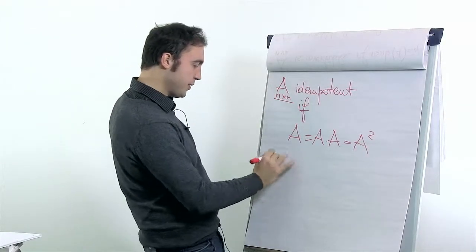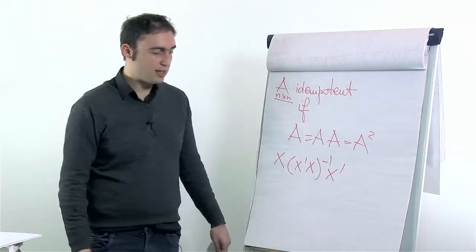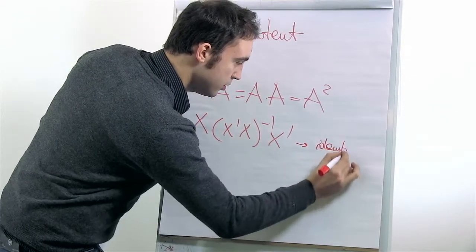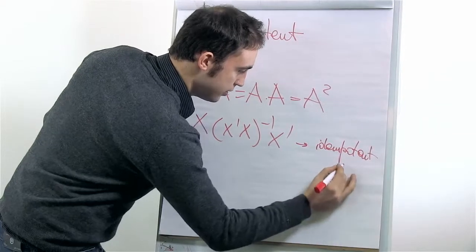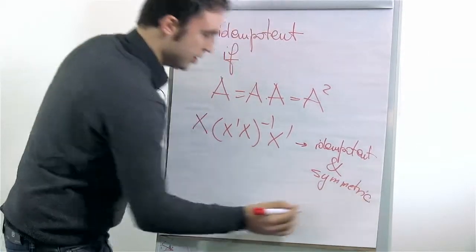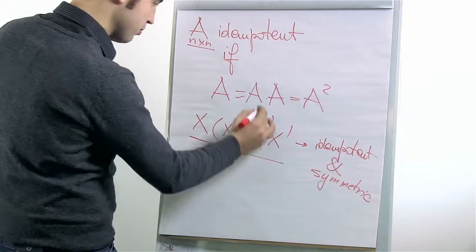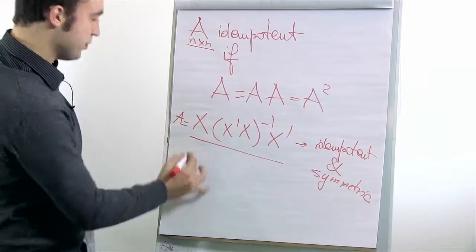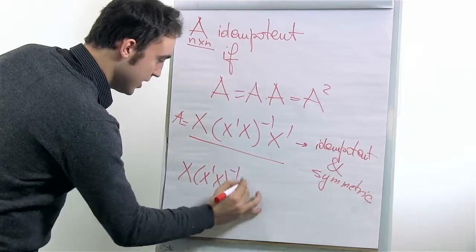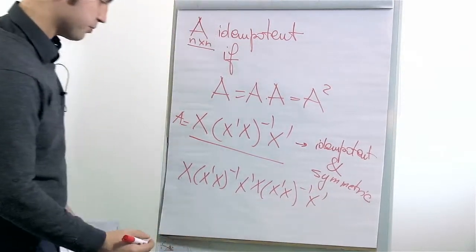Because, for example, the matrix X transpose X inverse X transpose is an idempotent and symmetric matrix. It is very easy to show that it is idempotent, because if we call this one A, and we want to do A by A, then we have X transpose X inverse X transpose X transpose X inverse X transpose.